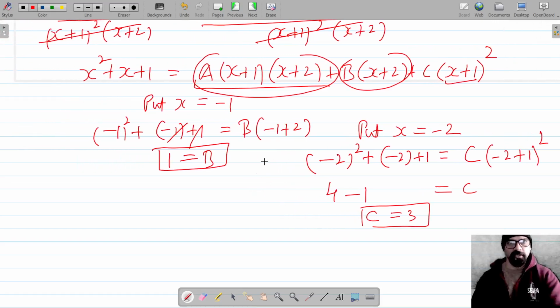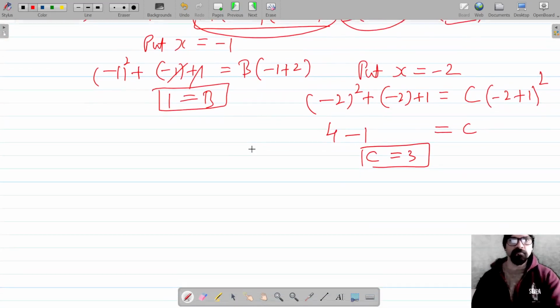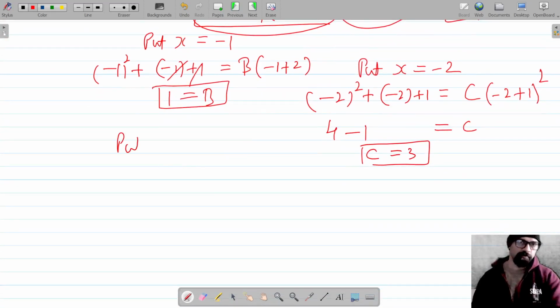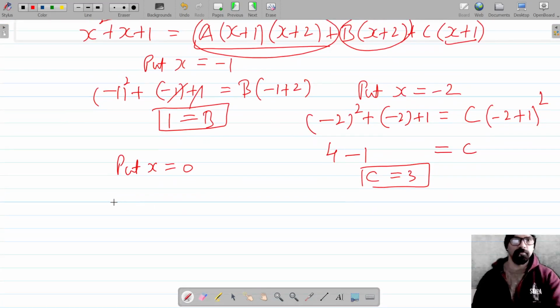Now we have to get a. So let me put x equal to 0. If I put x equal to 0, the left side becomes 1. This equation reduces to 1 equals 2a plus 2b plus, if I put x equal to 0, c.